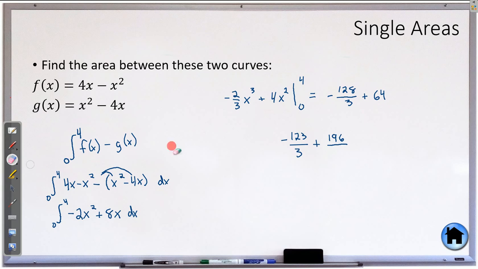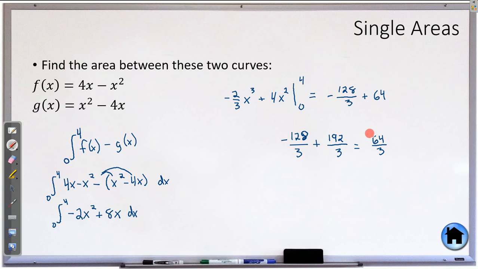Sorry about that. And that is an 8. I'm not sure why that became a 3. That was an 8. All right, so 192 and negative 128, I believe that is 64. You can double check that for me.